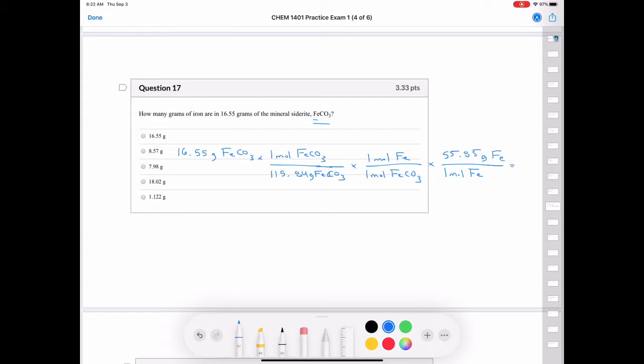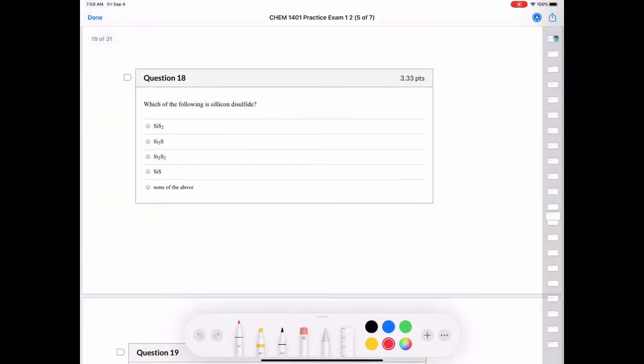And look, all of our units are going to cancel out. Our grams of siderite, our moles of FeCO3, our moles of iron cancel out, and we're left over with the number of grams of iron. And when you punch all that into your calculator, you end up with 7.979 grams of iron.